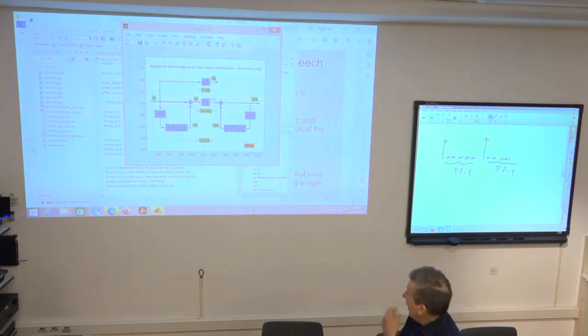Okay? And this here is the prediction on the decoder side that is different than the prediction on the encoder side. There is not a big difference, but there is a difference, especially if the rate is lower.